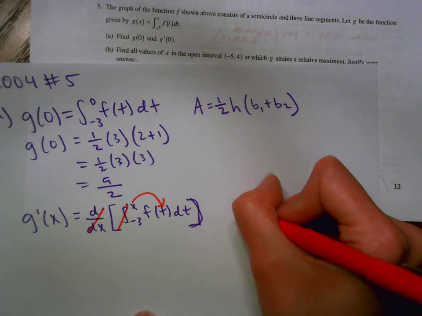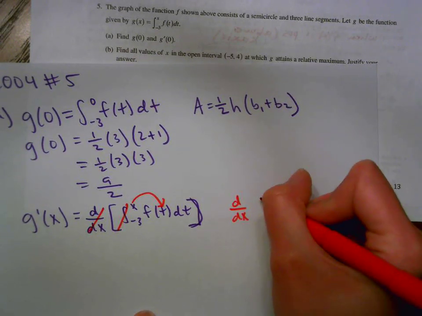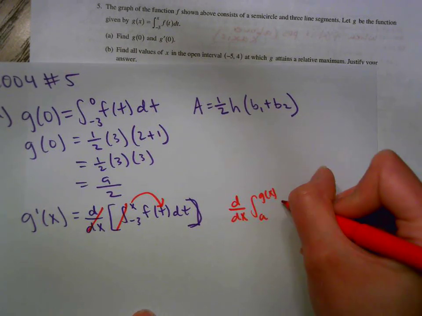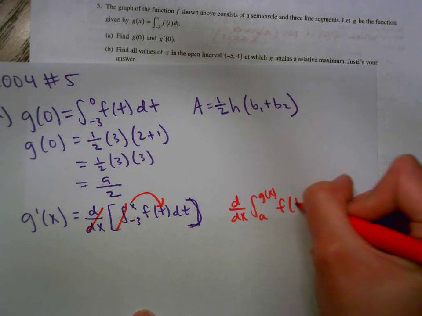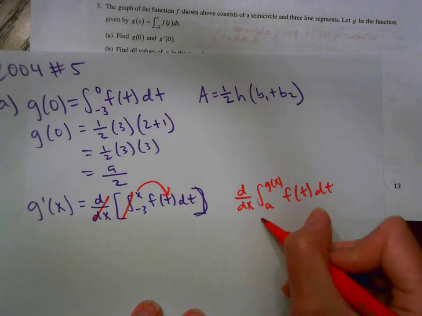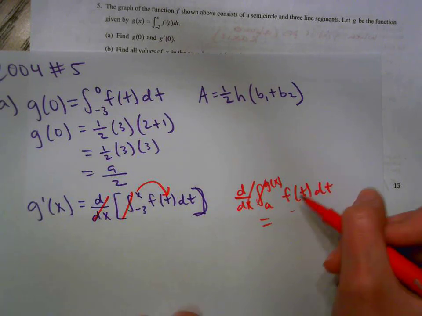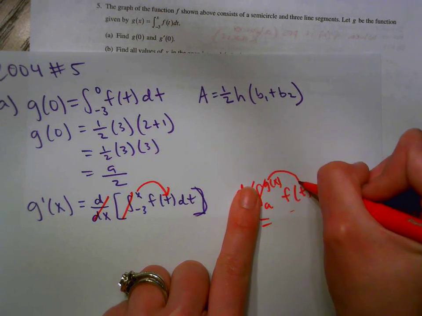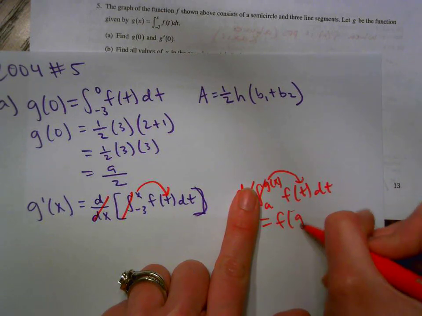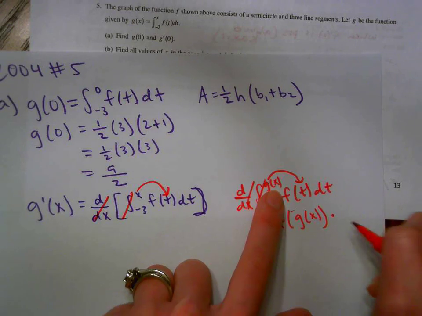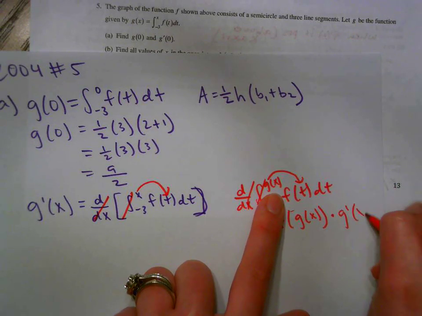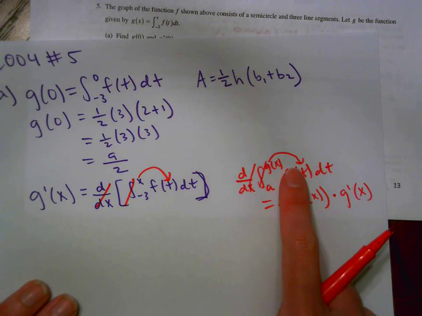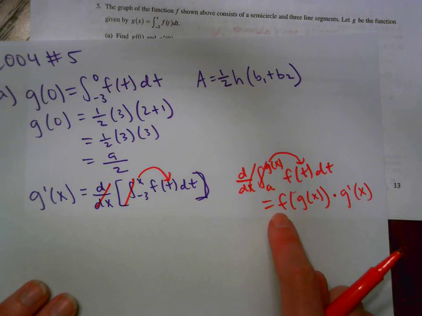So what we said in the notes was when you do the derivative of the integral from some boundary to g of x, let's say f of t, well then you keep the same function, since those canceled, you don't do the derivative or the integral, but you replace the inside with your top boundary, and then you do times the derivative of that top boundary, whatever you plugged in. That's the second fundamental theorem. The function itself stays the same.